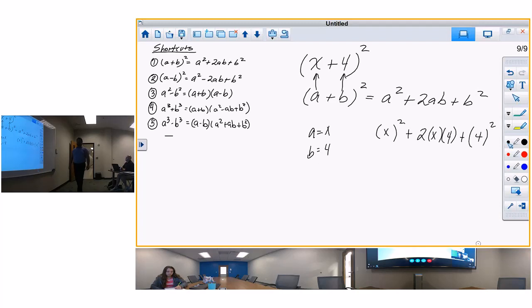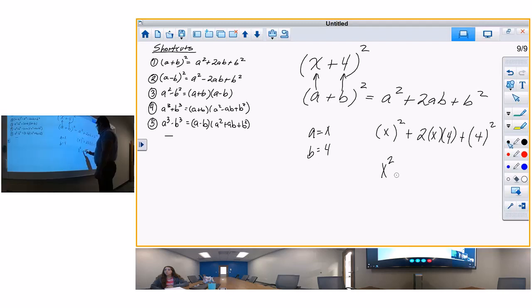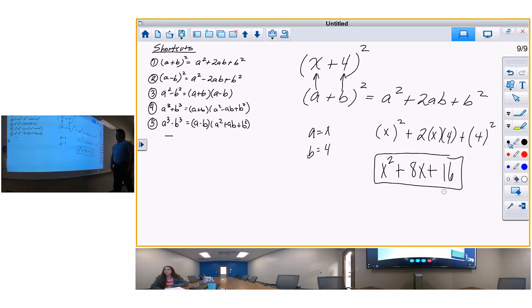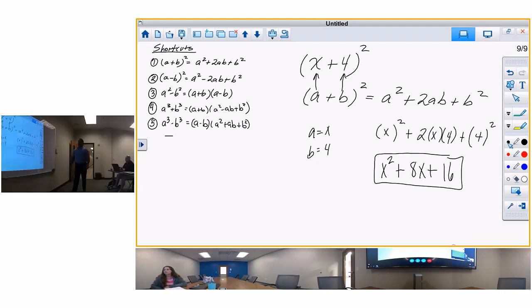You need those parentheses. X squared plus 8x plus 8, right? No. What's the most common mistake students make on this problem? They change that 4 squared. They say 4 squared is 8. X squared plus 8x plus 8. That's what they get wrong.